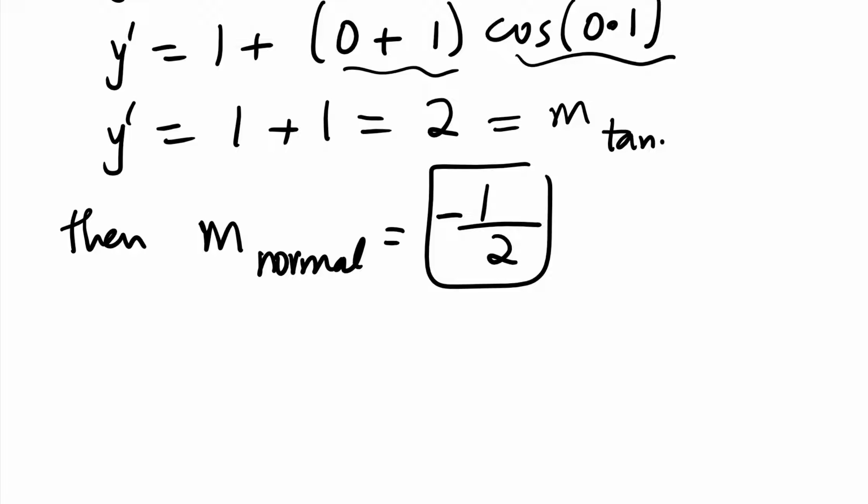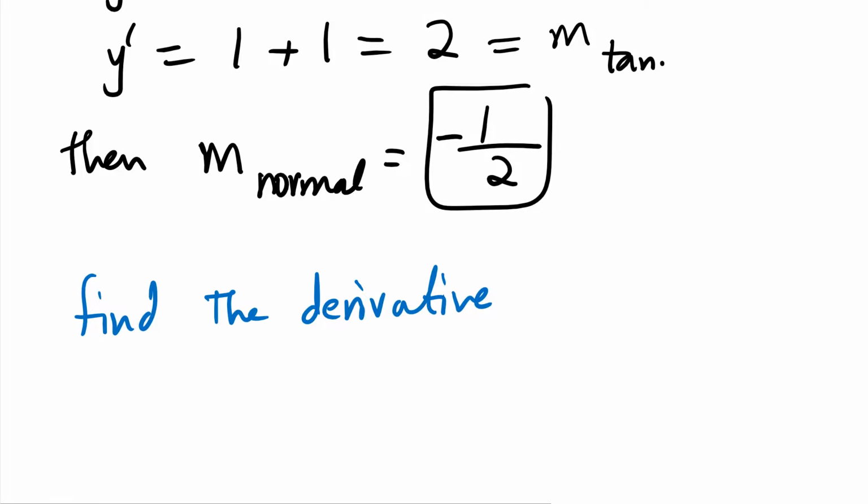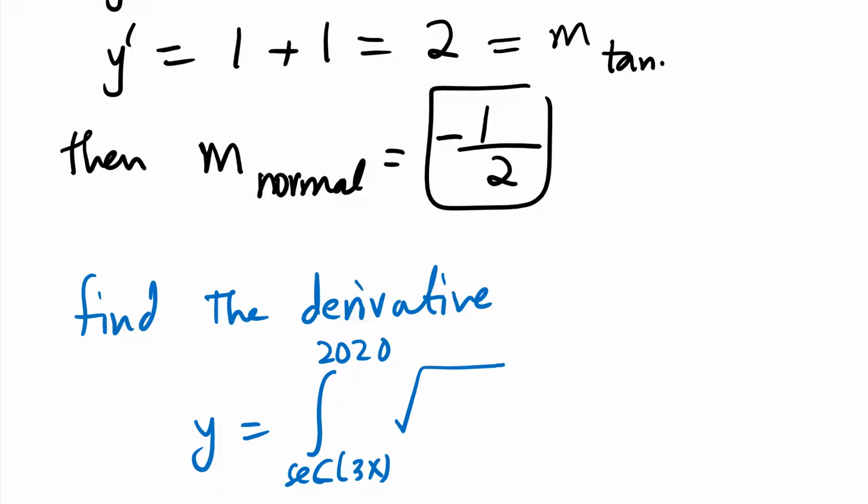Okay, next one. Find the derivative for the function y equals the integral from secant 3x to 2020 of the square root of 1 minus t squared dt.